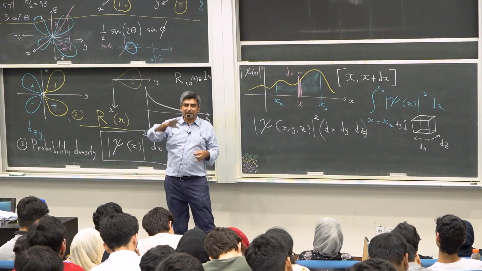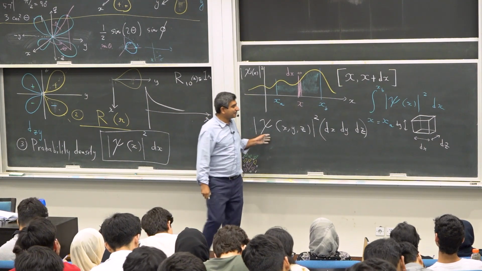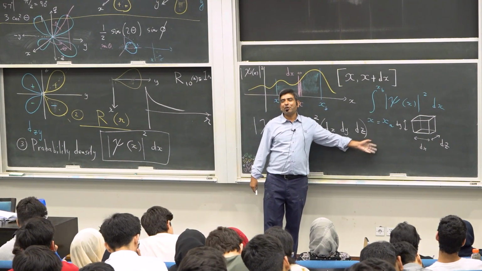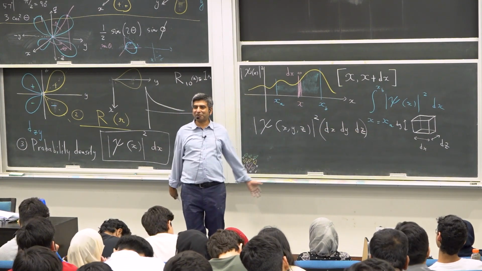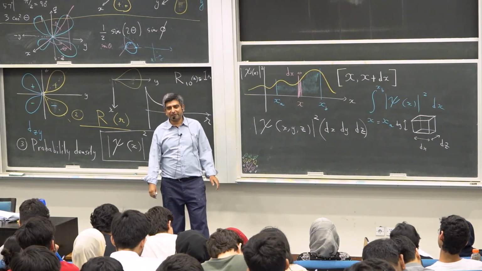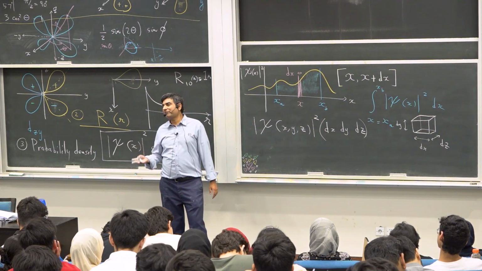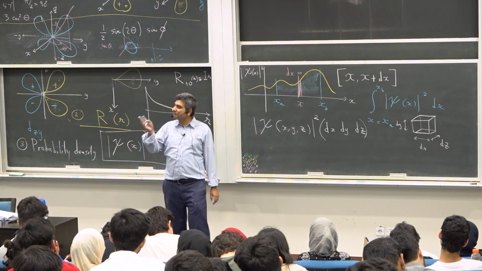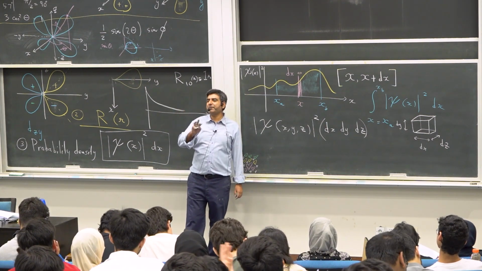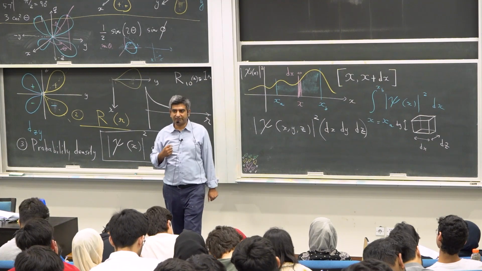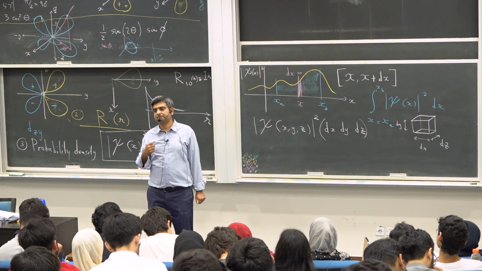Now comes the hydrogen atom. In the hydrogen atom, this form also holds. It does not depend upon your coordinate axis, but we have defined our wave function in terms of r, theta and phi. Why have we done that? Why haven't we chosen the x, y, z coordinate axes for a hydrogen atom?